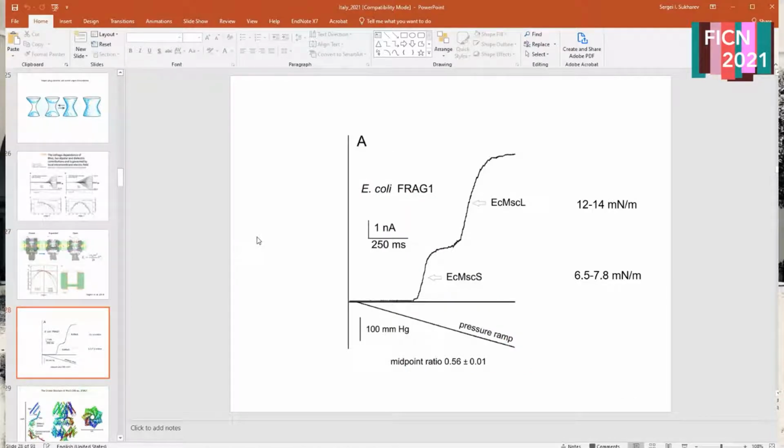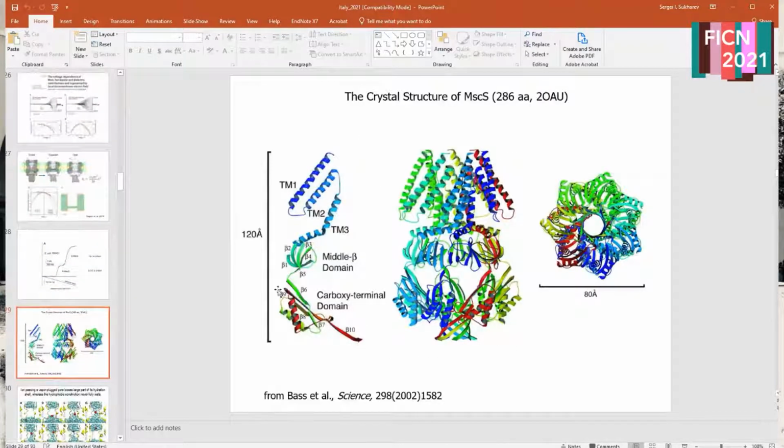Again, I'm switching gears, and we'll be talking about MscS now. MscS was solved by Doug Rees's group, and when they published it in Science, they said, "Oh, look, there's a hole in the pore. Probably it's open."